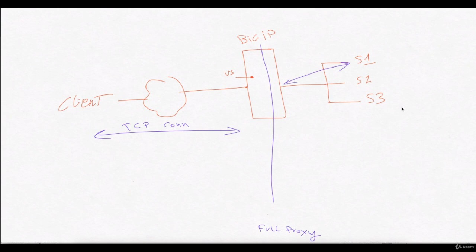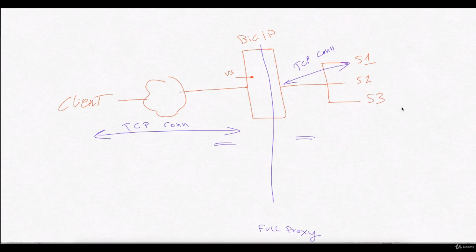Let's say in this example, server 1. So we have another, separate TCP connection. Having two separate TCP connections provides us the ability to have different TCP parameters on the server side, different TCP parameters on the client side.